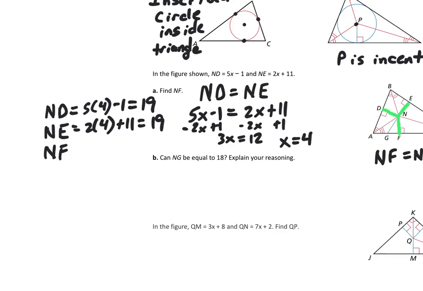If I don't get the same answer right here, I've done something wrong. And that's kind of a way you can check yourself. That's why it's good to do that on a quiz or a test. Because if I'm getting the same answer, then that means I'm solving this out the right way, okay? Because those two should be the same. And if I know these two are both 19, what can I say about NF? It's also 19, right? All three of those are equal because that's what we said in the picture.